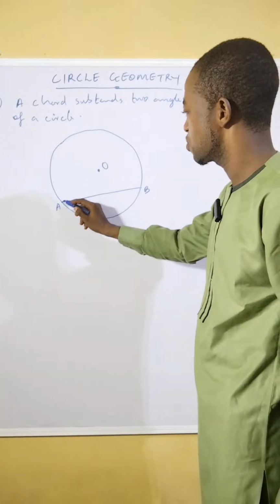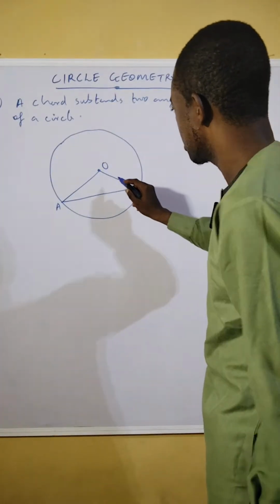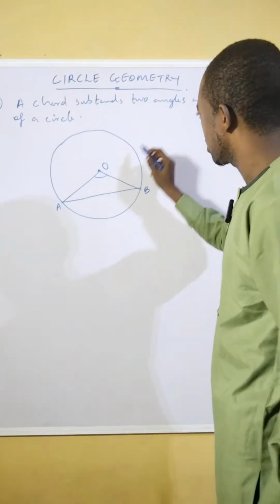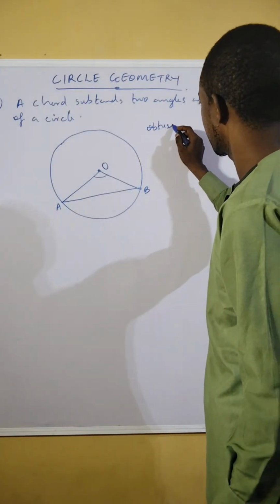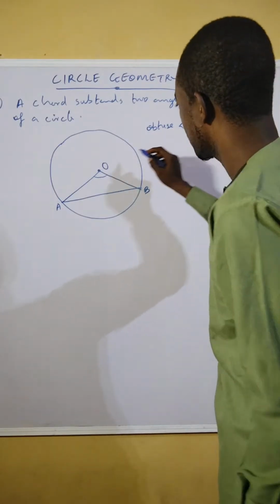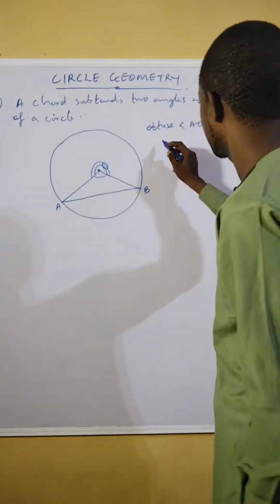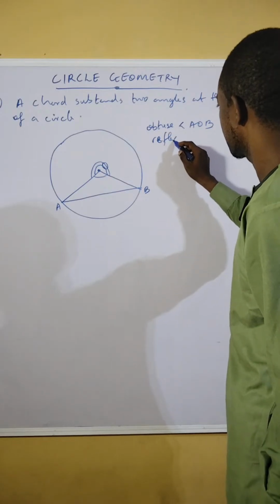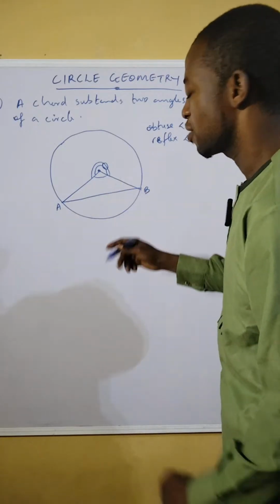So we connect A to O and also B to O. That is, at the center here, we have the one inside, which is the obtuse angle AOB. And also we have the one outside here, which is the reflex angle AOB. So these two angles are formed.